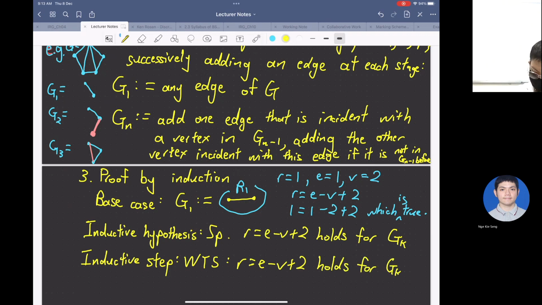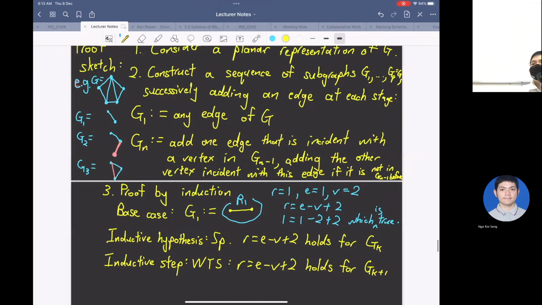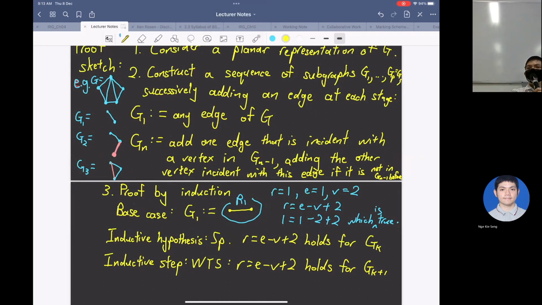So let me ask you, what's the difference between GK and GK plus 1? Edge difference. Okay, so from GK, you add an edge to go to GK plus 1. Okay, right?